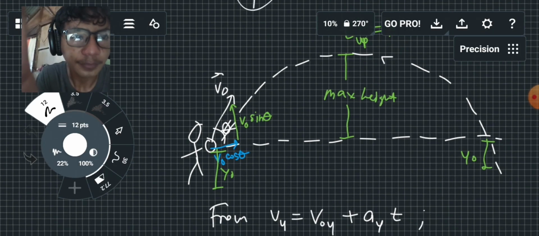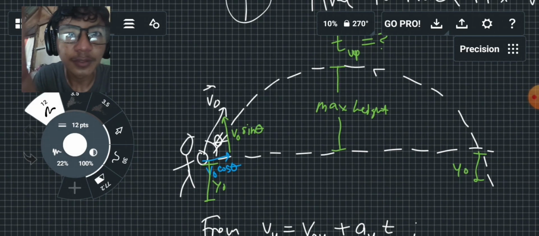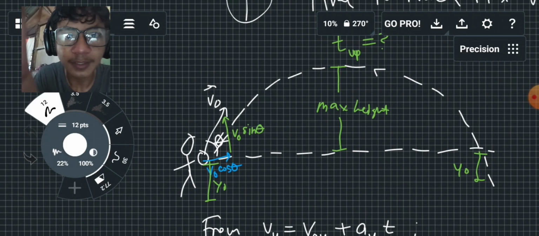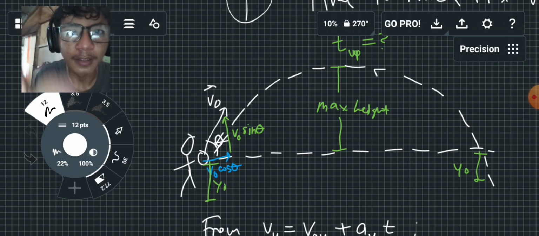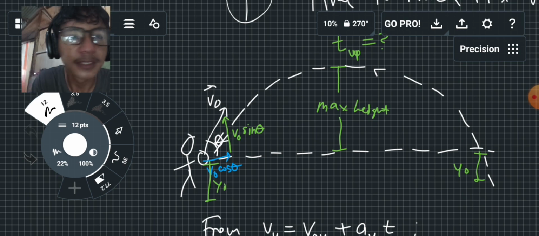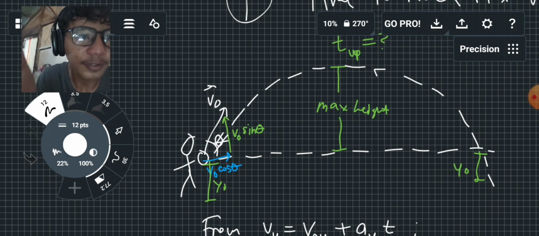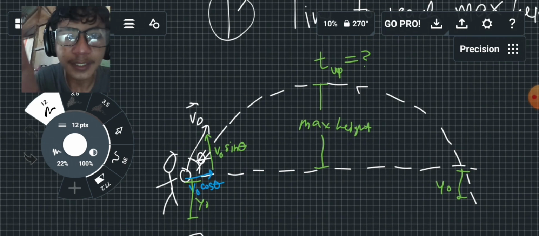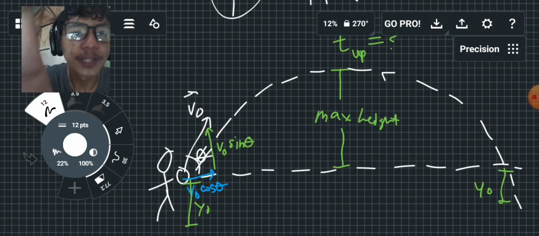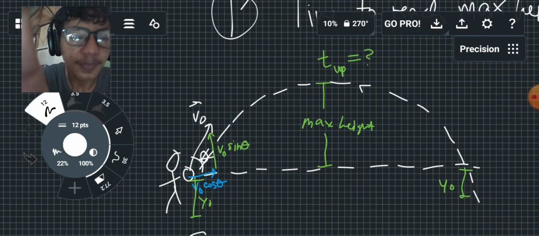So the question is, when does that happen? When does gravity win in this tug of war? All right. It is very helpful to name things first before solving.